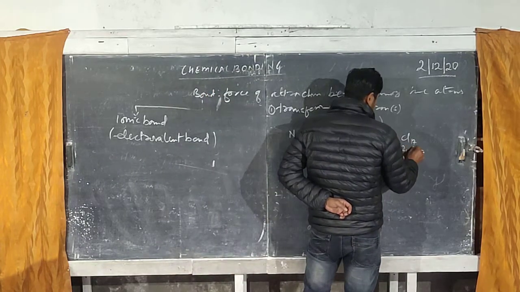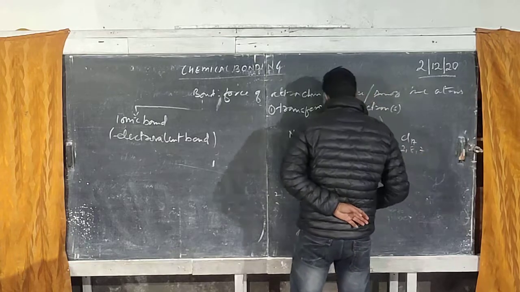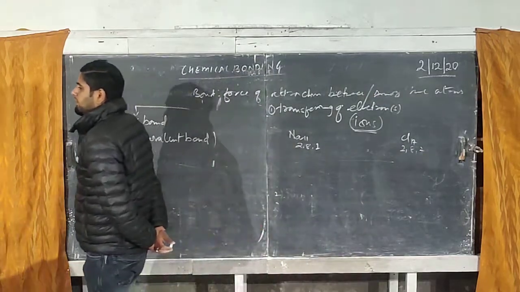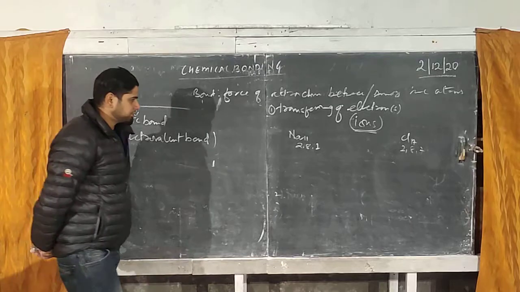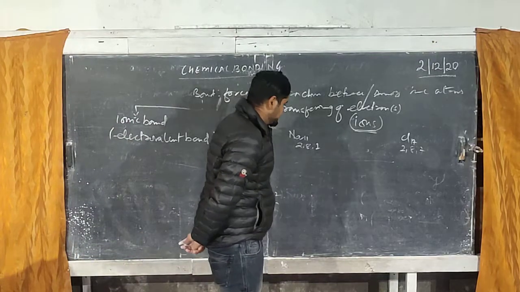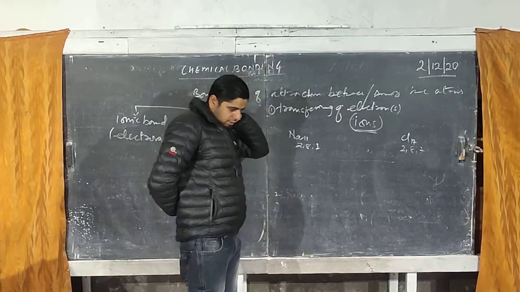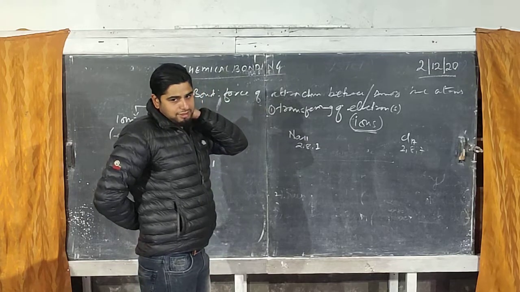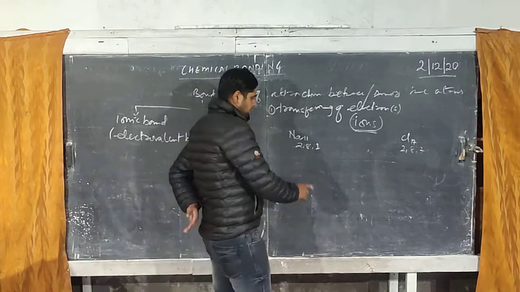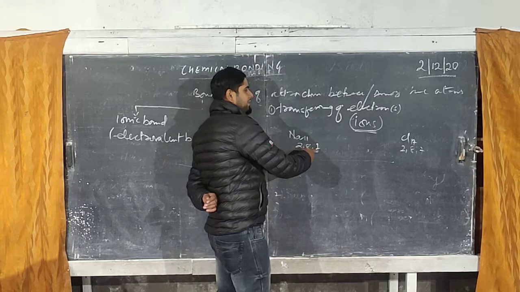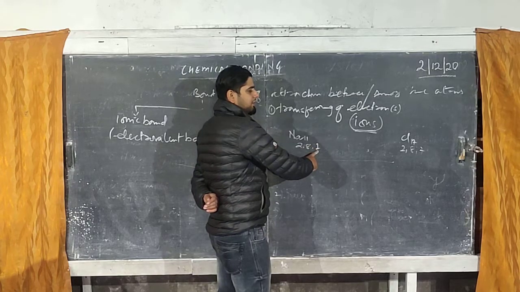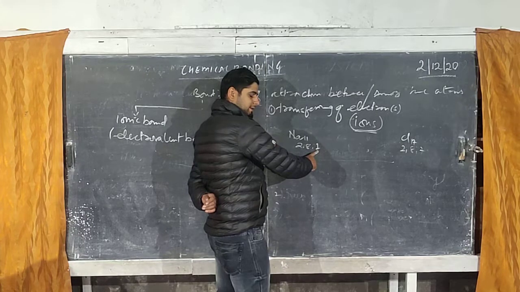Here, 2, 8, 7. Now I've already told you every atom tends to have 8 electrons in the outermost shell. Yes or no? To have 8 electrons in the outermost shell, chlorine needs 7 more electrons, which is not possible.